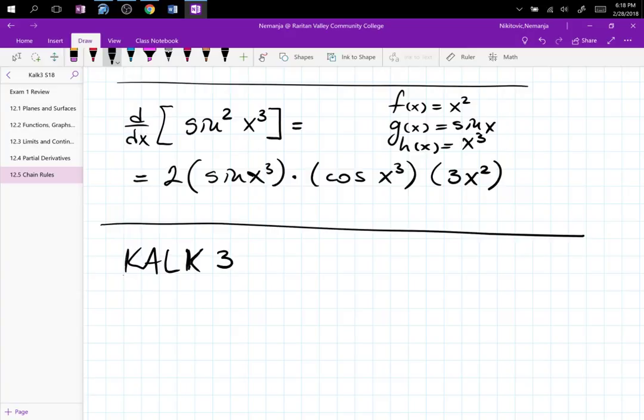So why is it plural? Why do we have many chain rules rather than just one like in Calculus 1? Well, we have it because the number of variables in Calc 1 is limited to one variable, so you can only have nesting within one variable.